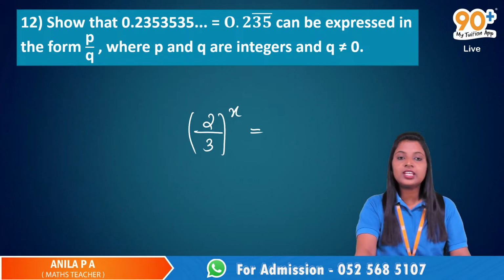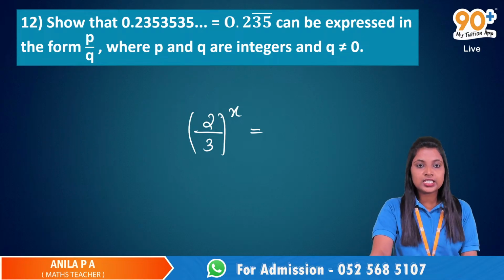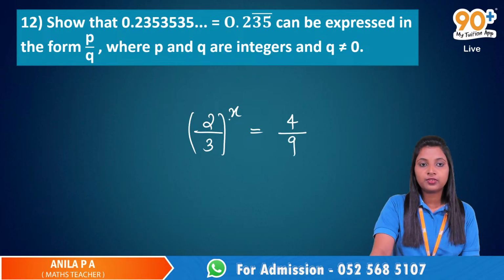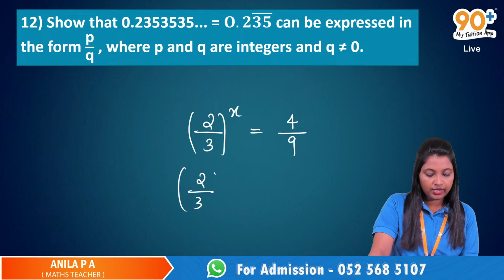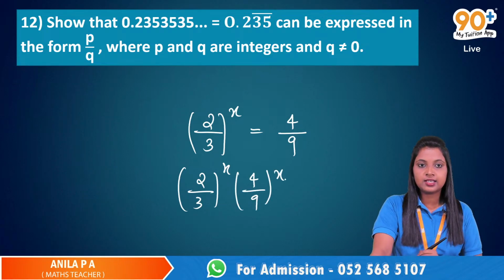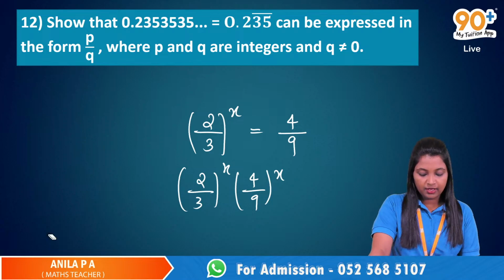Okay, so if 2 by 3, the whole raised to x, is equal to, say, 4 by 9, we know that 4 raised to x now, multiplied by 4 by 9 whole raised to x. So 2 by 3 the whole raised to x into 4 by 9 whole raised to x, something like this.